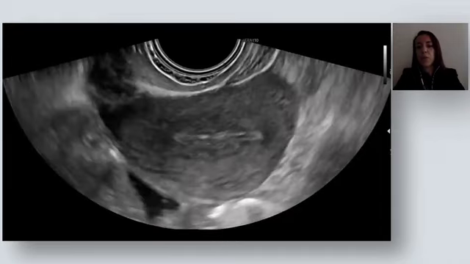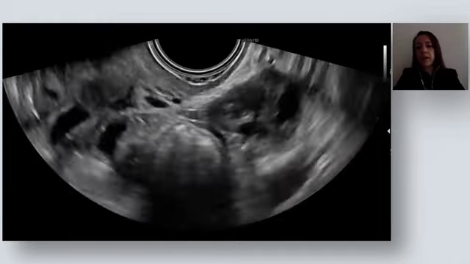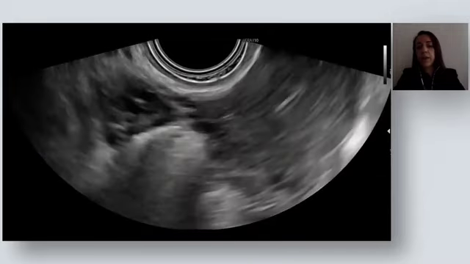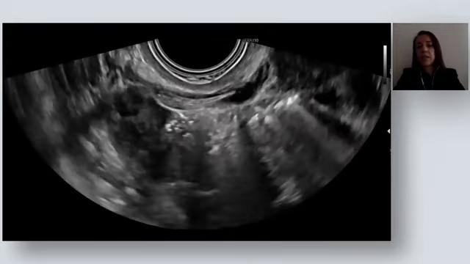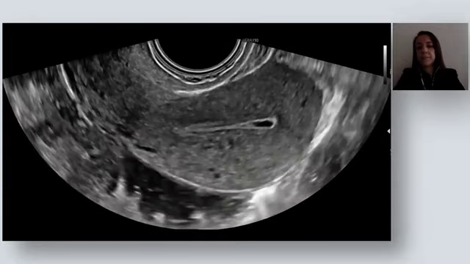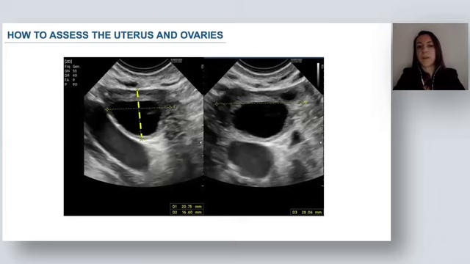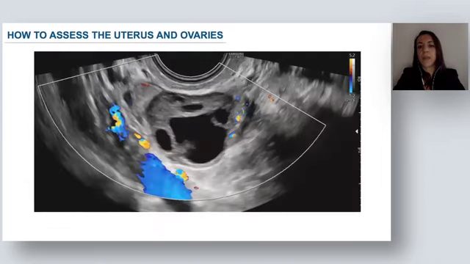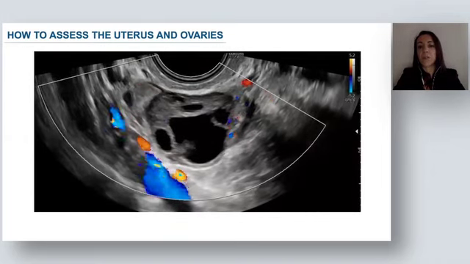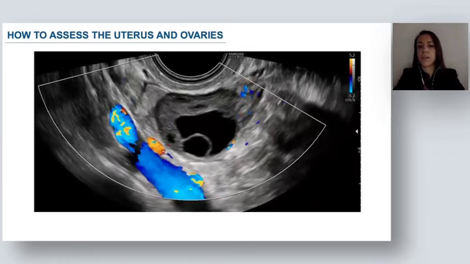So we can move the probe on the right and then on the left side, following the broad ligament, to assess the right and left ovary. So we can measure the ovary with the 3 diameters, and then we can assess also the vascularization of the ovaries using the color Doppler.